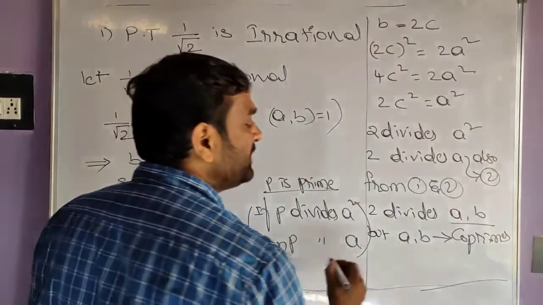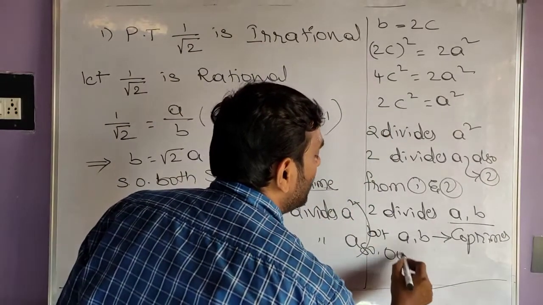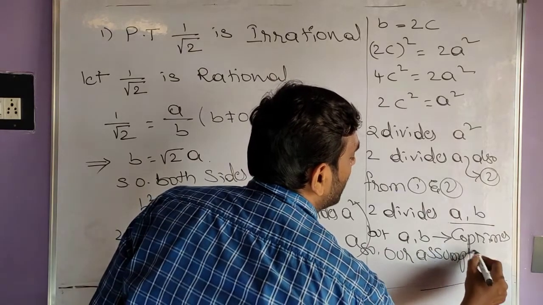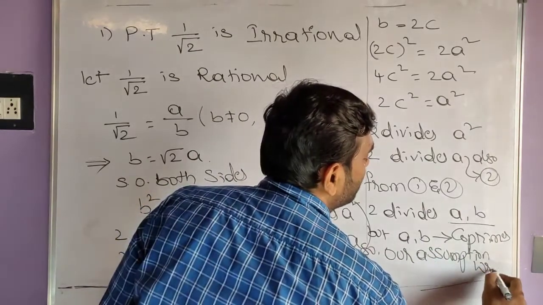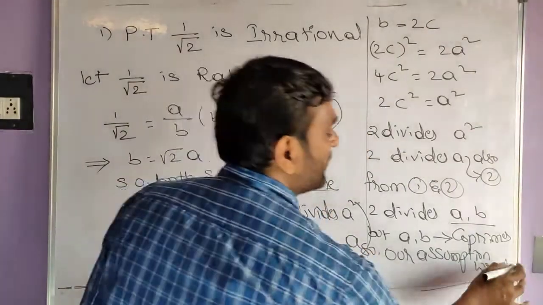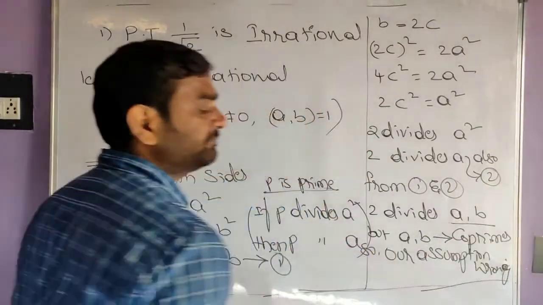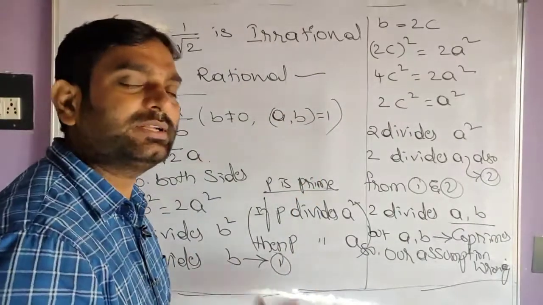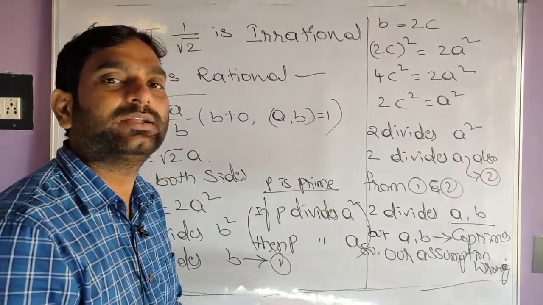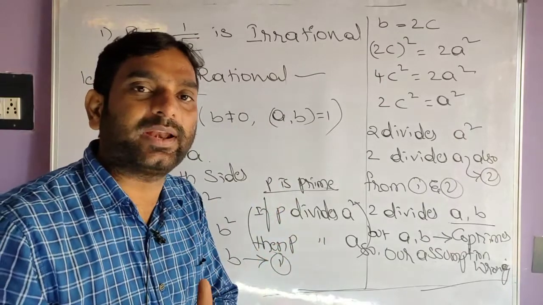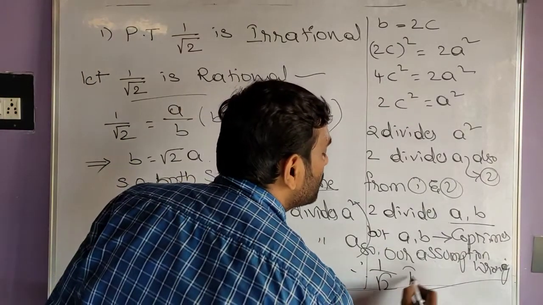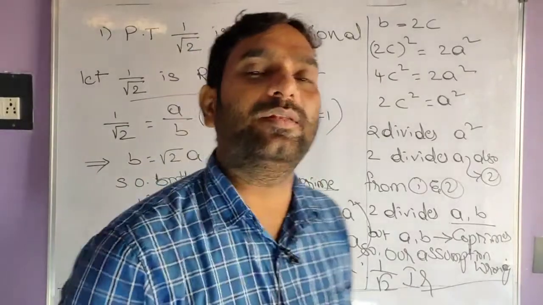So our assumption is wrong. 1 by root 2 is a rational number, that is wrong. Then what is correct? 1 by root 2 is not a rational number. It is an irrational number. Therefore, we can say that 1 by root 2 is irrational.